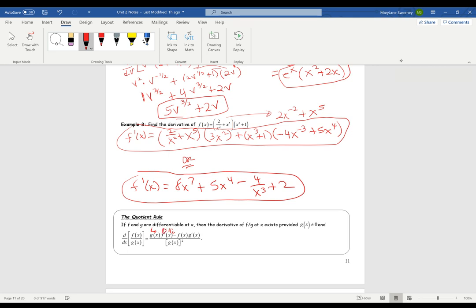D high means the derivative of the numerator. Minus high, d low, so high times d low, all over low squared. So I'll often say low d high minus high d low over low squared to do derivative of a quotient.